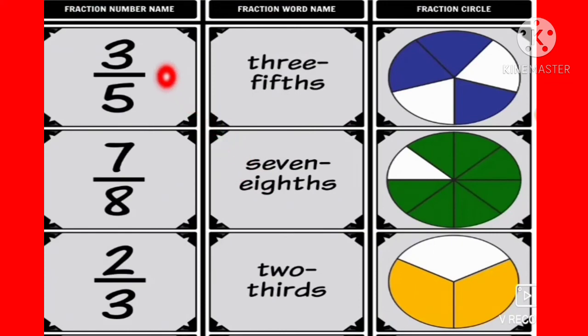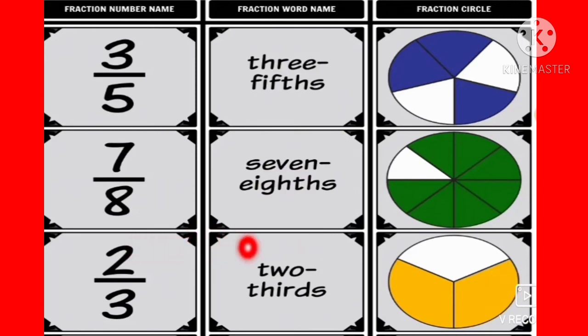Children, fraction number name are given in the first column, fraction word name and fraction circle. So here 3/5 can be read as 3/5. 7/8 can be read as 7/8.